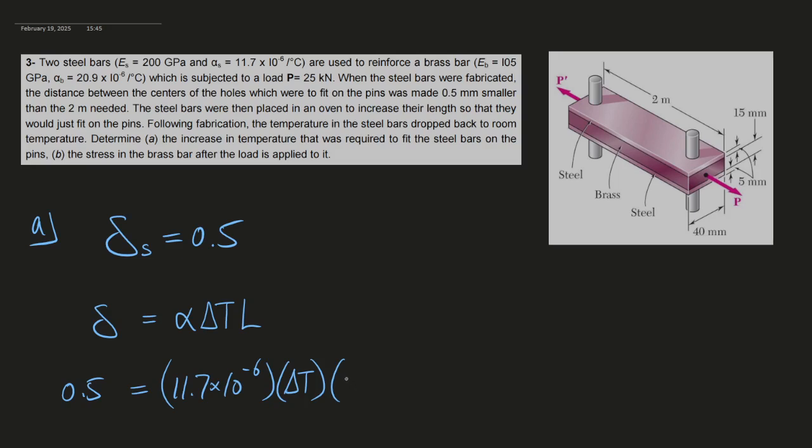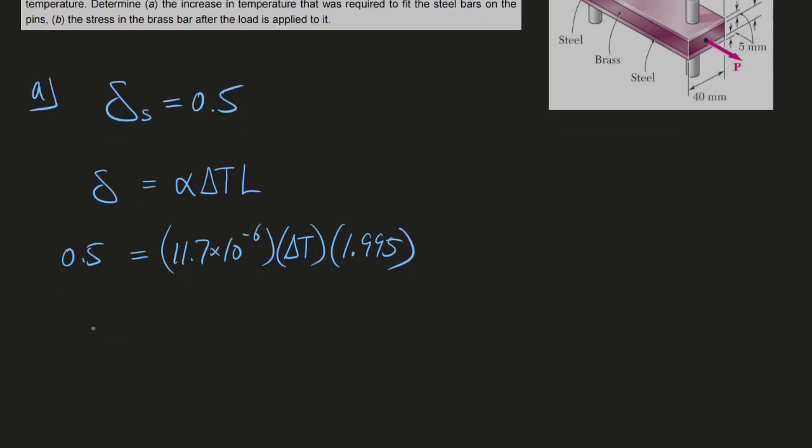L is 1.995 meters because it's made 5 millimeters short, so that's the length of steel. And then simply solve for temperature. So we get 0.5 over 11.7 times 10 to the negative 6 times 1.995.